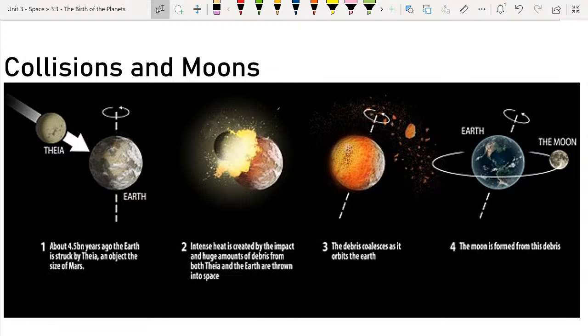And the cool thing is, Theia isn't our moon. It's not like Theia hit us and then started orbiting us and became our moon. Theia hit us, and both Theia and Earth smashed up a huge plume of molten rock, right? Because that's a really massive collision. And that plume of molten rock and debris is what became our moon.